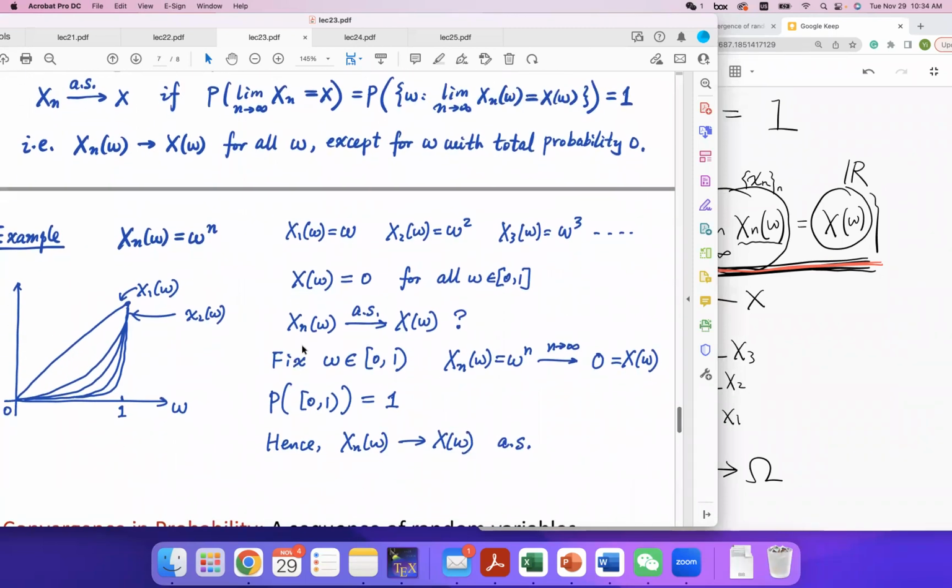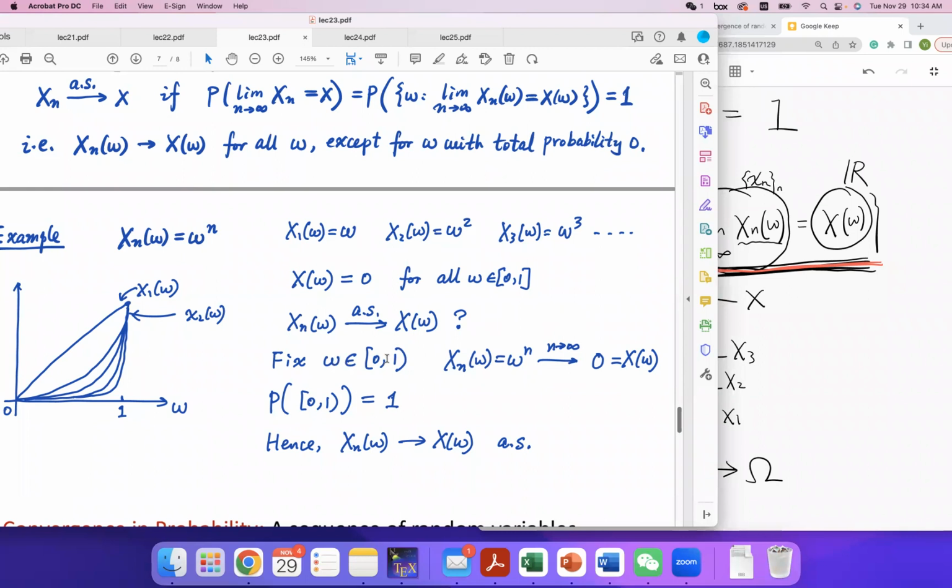Here's how we collect this set. We know the target random variable is 0. It's defined as a constant 0. And if we fix omega, Xn(omega) is omega to the power of n. We know that this sequence converges to 0 for all omega greater than or equal to 0 and less than 1.